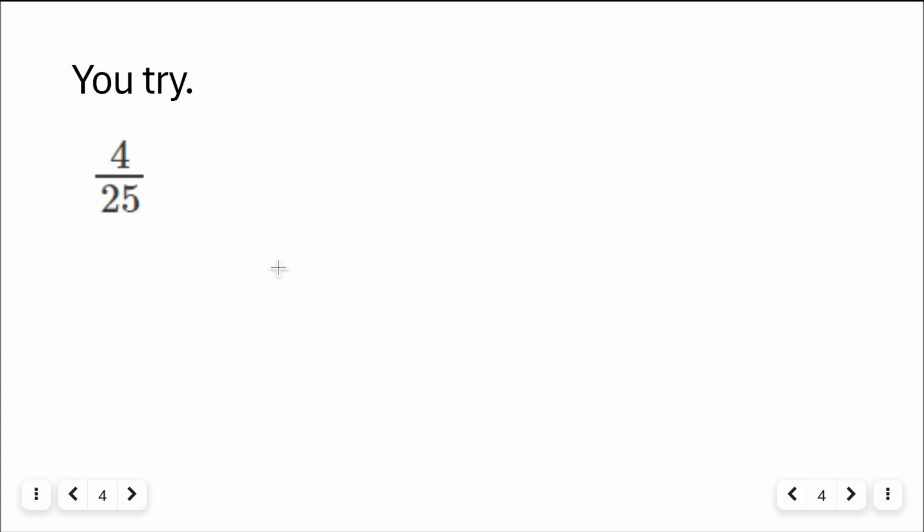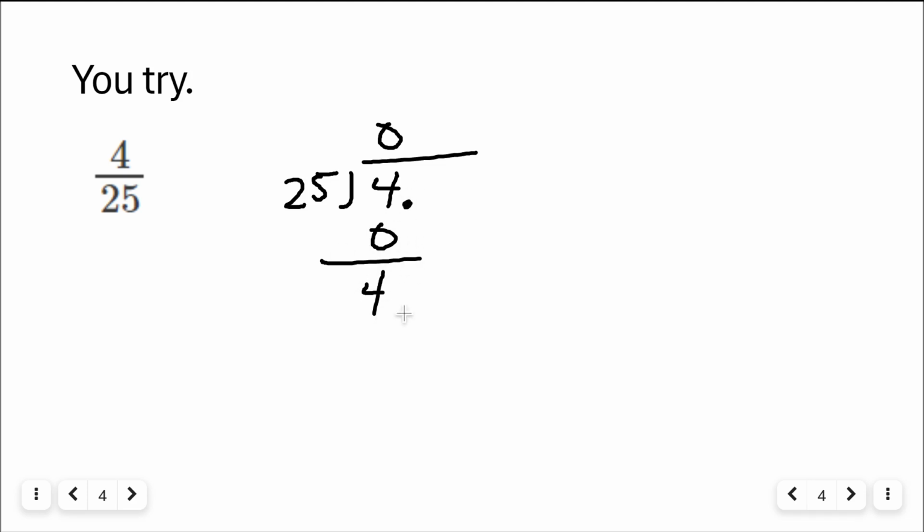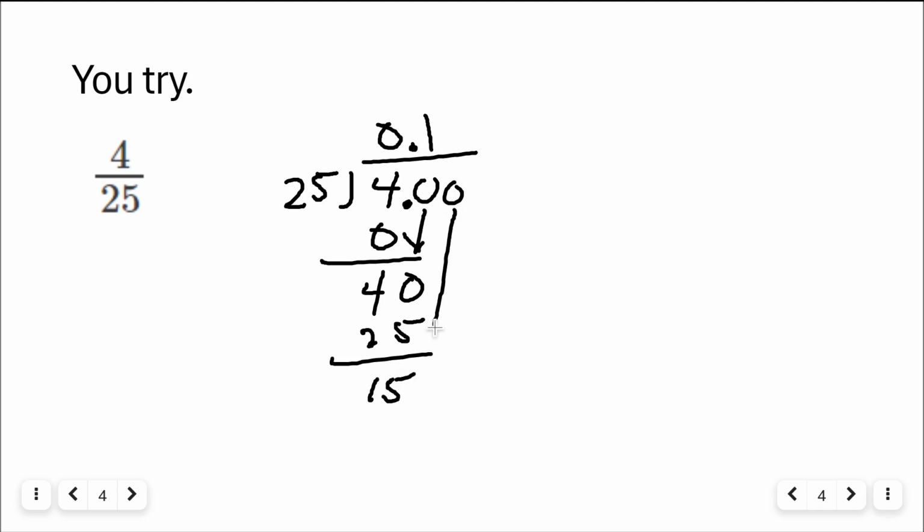All right, let's try 4/25. So 25 goes into 4. 25 does not go into 4. Put a 0 there. You get 4 remainder. All right, so put your decimal point. Bring it up top. Put a 0. Bring it down. 25 goes into 40 one time. 1 times 25 is 25. It leaves me with 15. 0.